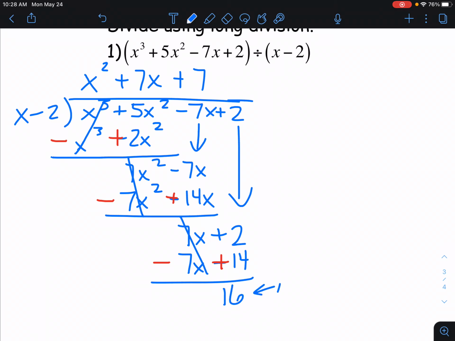And that's going to be the remainder. Now we're going to put our remainder back up into our answer. We're going to write it as a fraction, so we put a plus since it's positive 16. The remainder goes in the numerator, and the x minus 2 that we were originally dividing by will be the denominator. So here's my answer.